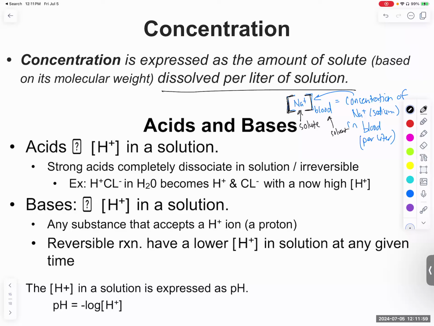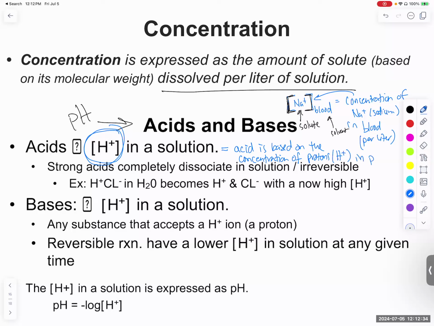When it comes to pH, we talk about acids and bases. An acid is based on the concentration of protons in a solution, protons being hydrogens that have given up an electron.